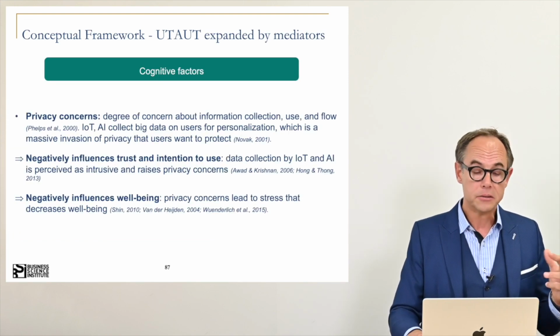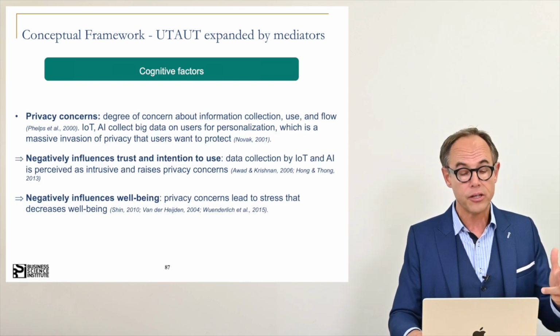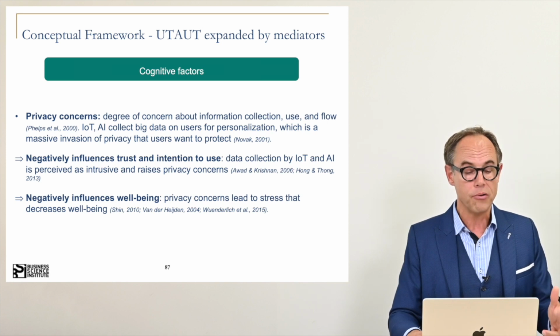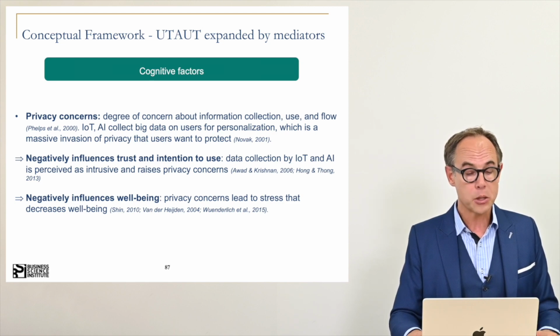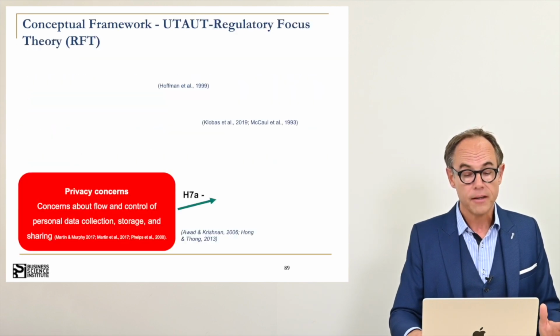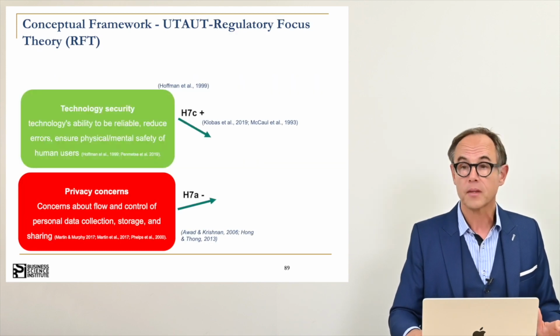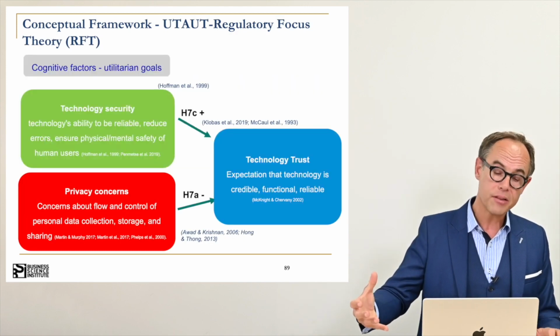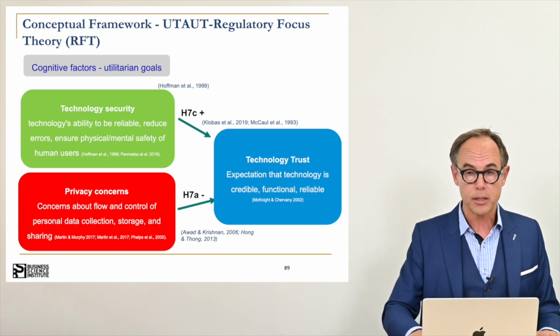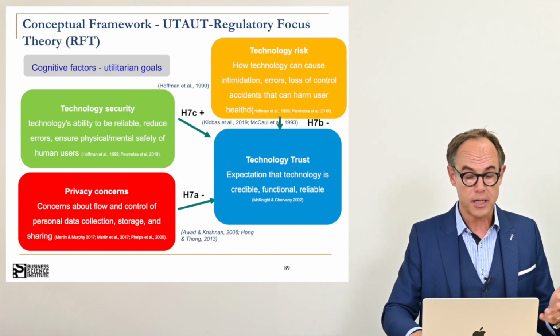We integrate risk theories. Privacy concerns, the degree of concern about information collection, use, and flow of AI-collected data and personalization, should negatively impact technology trust. So the higher the privacy concerns about the data flow and collection, the lower the technology trust, which is also conceptualized in the literature.